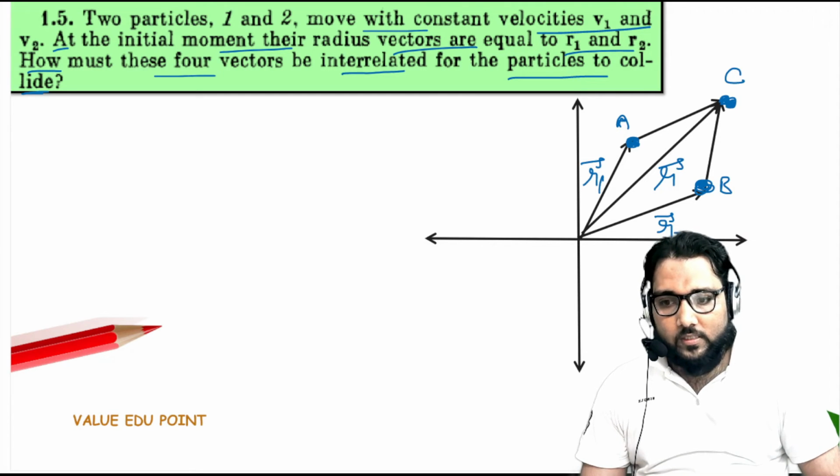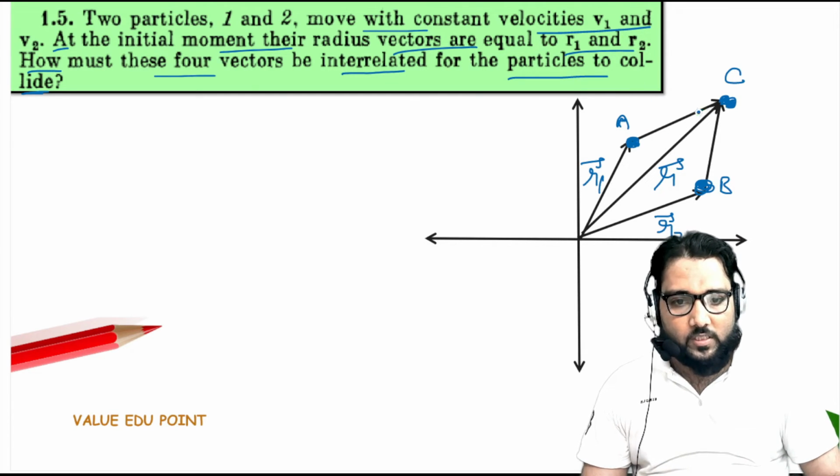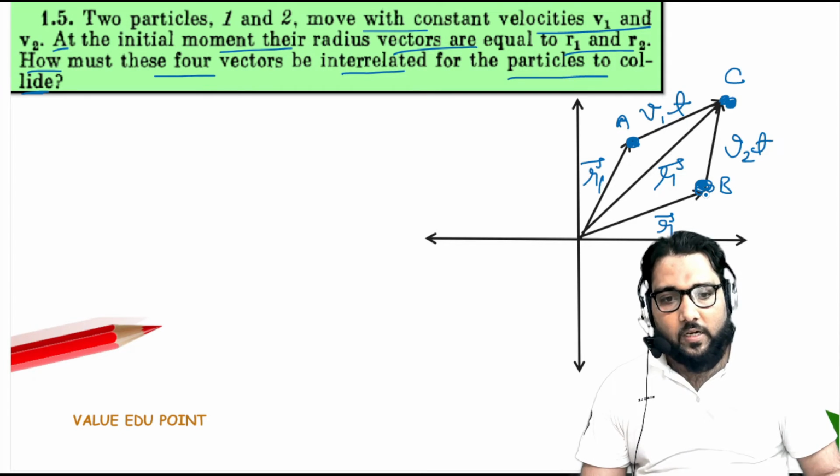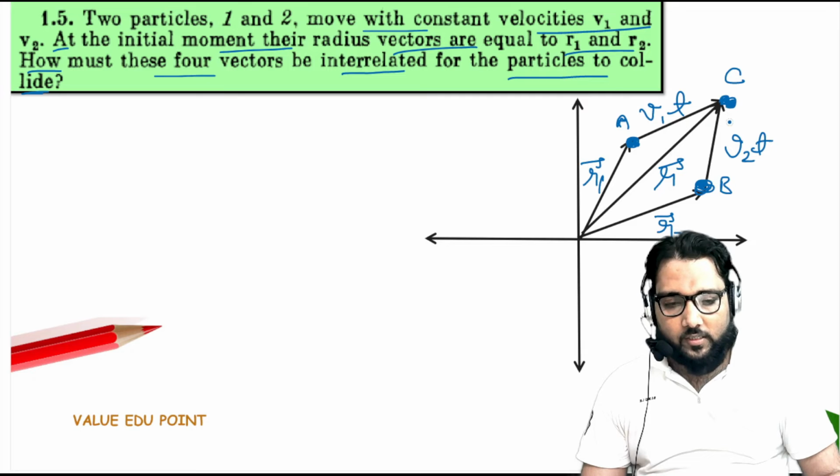We are assuming they take time t to collide. So the velocity of particle 1 is v1, and to cover the distance, particle A will take time t, and particle B will take the same time t.